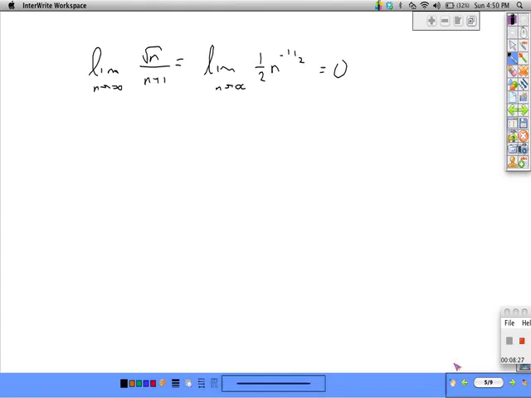Now I have to show that a sub n plus 1 is less than or equal to a sub n. And I'm going to do this using calculus. I'm going to show that this is decreasing, meaning the first derivative needs to be less than 0, needs to be negative.